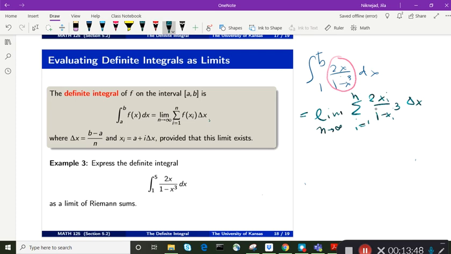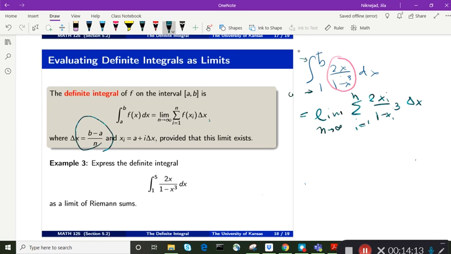And then when I replace the function, this xi is sort of unknown to me, so I want to replace it with something I know, and this delta x is unknown to me too. I want to replace it with something I know. Well, delta x is given here. It's b minus a over n. What is b and what is a? This one is a.